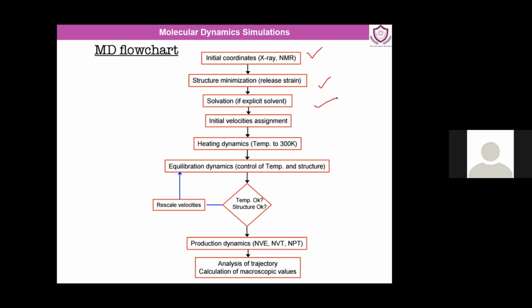It may be inside the cell, on the surface of the cell, or outside the cell. But everywhere around it, there are solvent molecules. And in our body, obviously, we have water as the major solvent. So we do simulation in the presence of water, which is also called an explicit solvent. But we can also choose a different kind of buffer if we want to do a specific kind of assignment or job.